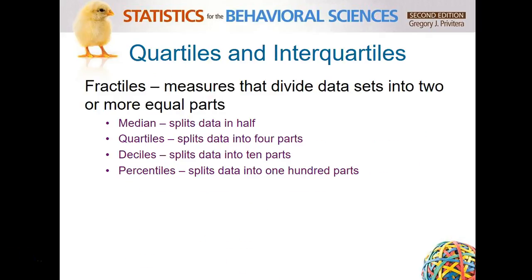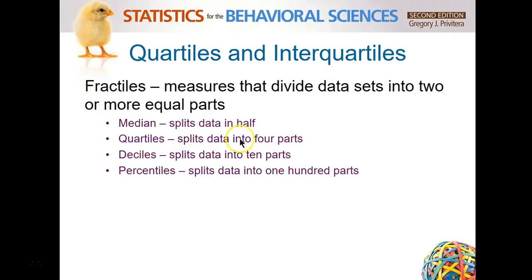Now in the last video I talked a little bit about quartiles and interquartiles when we talked about the median. This splits your data in half. So you might be looking at your data just in the median, looking at it from 50%. You might want to look at quartiles. This splits the data into 4 parts.